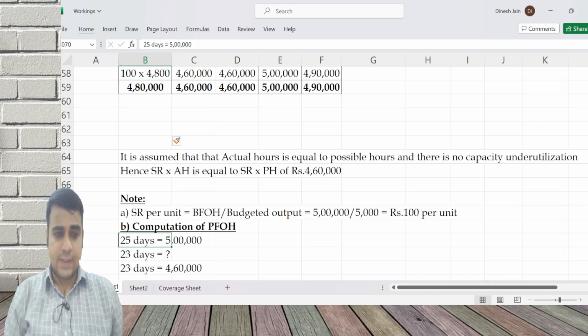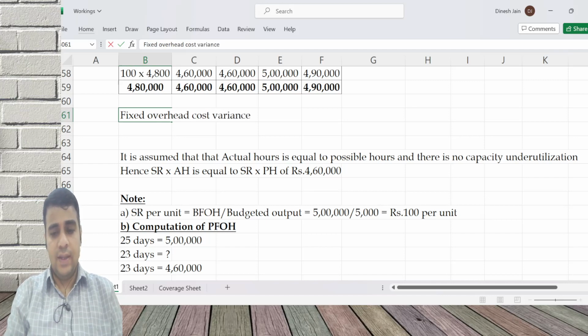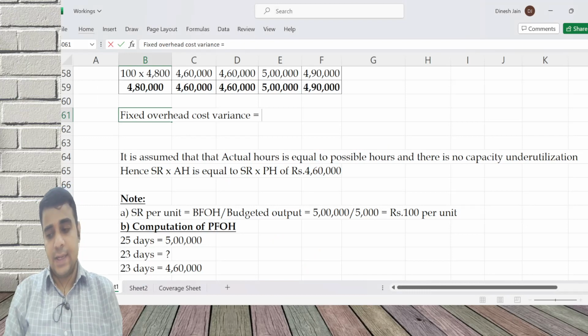I hope this is clear. We'll start calculating the variances. As I've said, I'll not focus much on the variance calculation, but let's do whatever is asked. Fixed overhead cost variance, or technically fixed overhead variance, is what this question is asking.